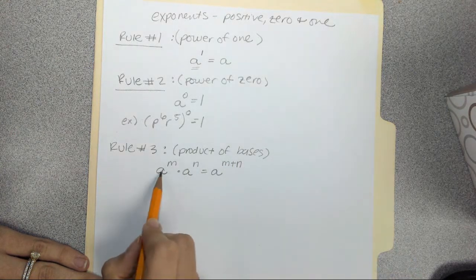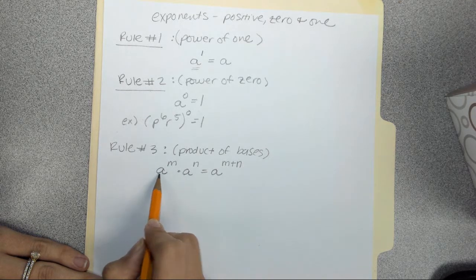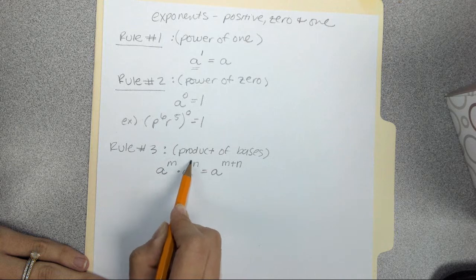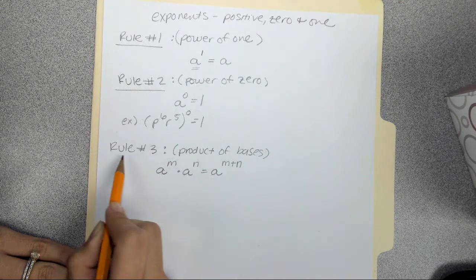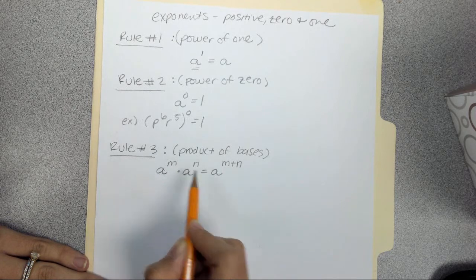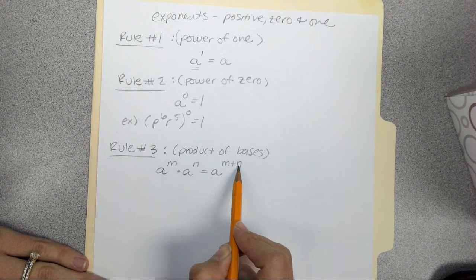If you are multiplying two terms that have the same base, you actually end up adding your exponents. So this is rule number 3. The product of bases yields you an answer with those exponents added together.